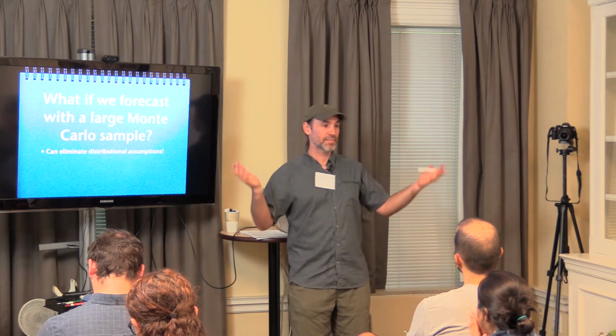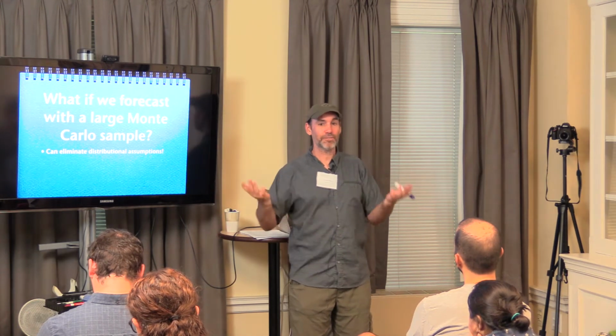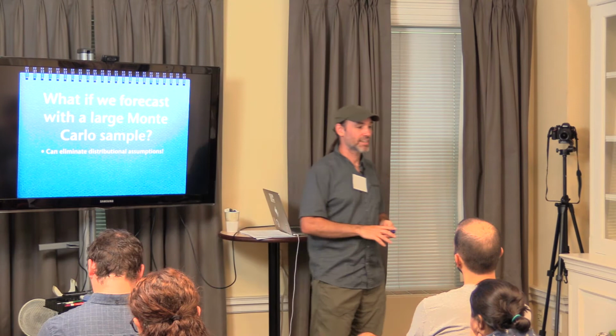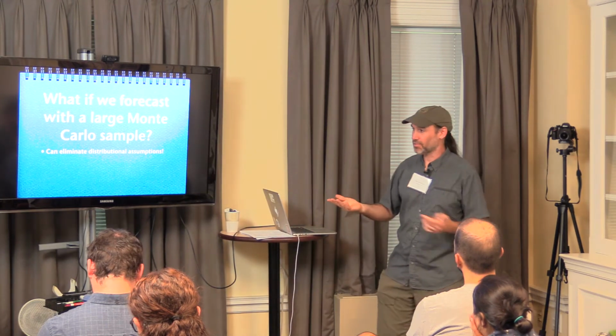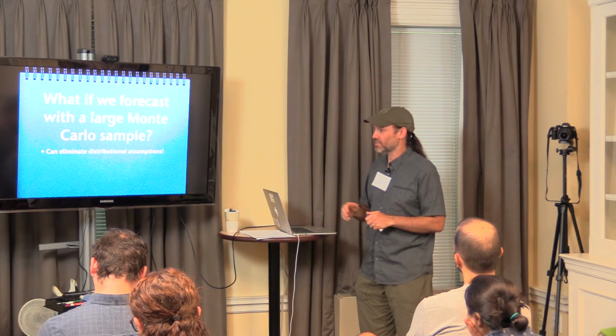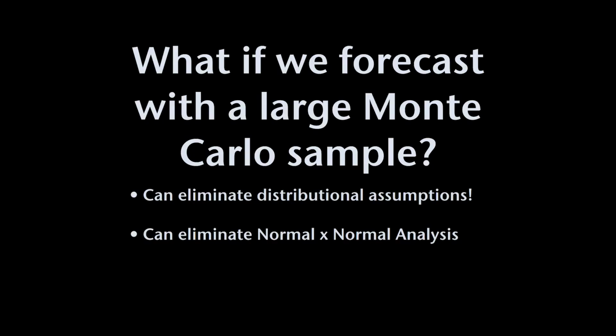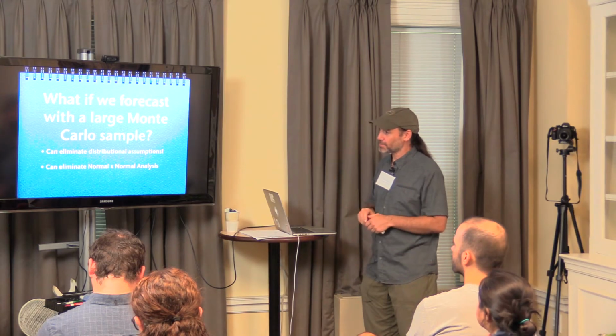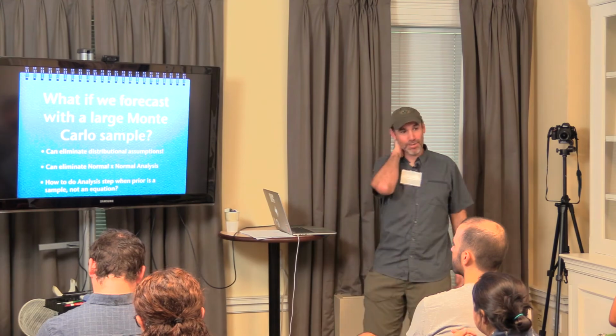We don't have to. We know from MCMC we can approximate any distribution just by samples from it. Why can't we do the same thing in data assimilation? So we can eliminate these distributional assumptions. We can eliminate this normal analysis. We can start dealing with estimating the process error and things like that. But how do we do it?